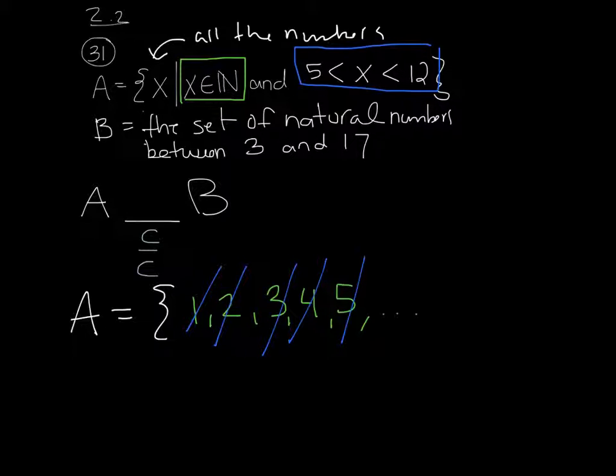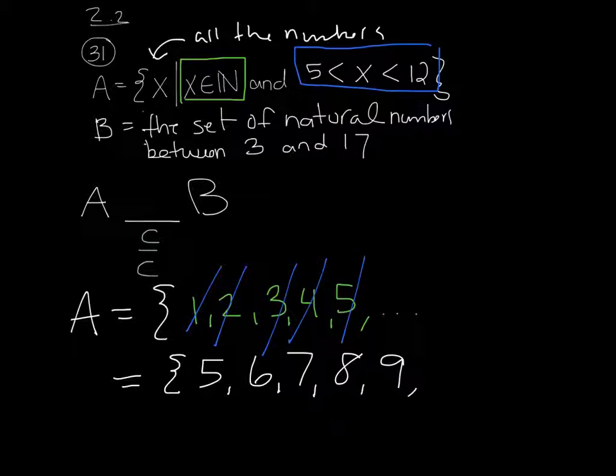So you want to use a process of elimination here. I'm going to start at 6, then 7, 8, 9, 10, 11. I should not write this 5, because I crossed it out here. And I'm stopping at 11 because 12 is not included.